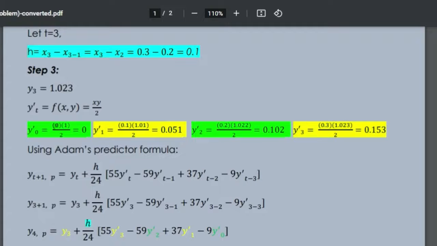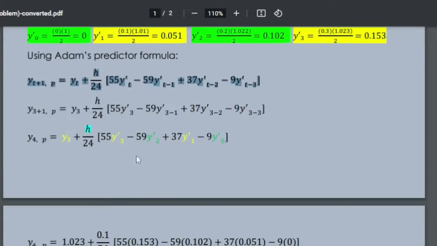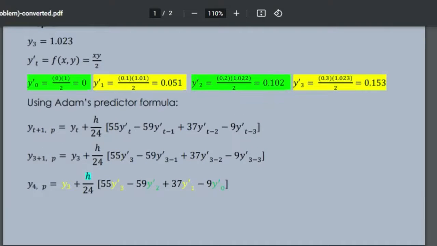Using Adams' predictor formula, the standard formula, the third equation in the table from step 1, we plug in our t, which is equals 3. So t plus 1 becomes 4, y sub 4.